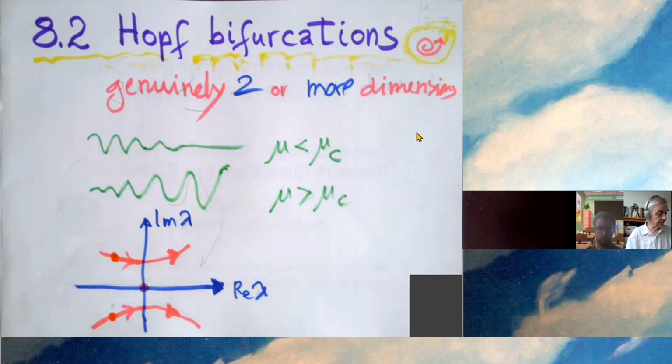And in the case of Hopf bifurcations, what has happened is we had an equilibrium, and then its stability changes. So that equilibrium doesn't disappear, and sometimes it's always there. It starts out as being an attractive sink equilibrium.